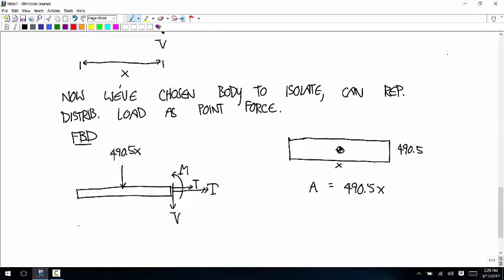From the left to the centroid is x over 2, and from the left to the right is x.